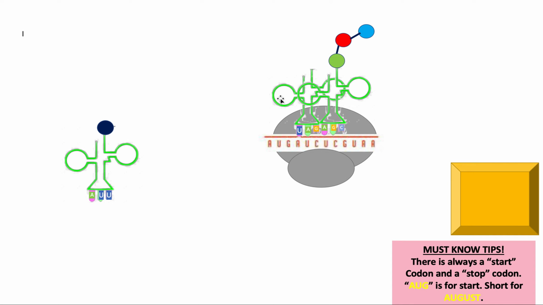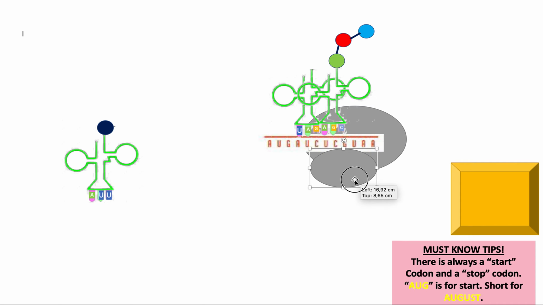And now again, the ribosome will shift a little bit to the right to be able to accommodate the last codon, the last tRNA that needs to bind. So shift a little. And now this one doesn't fit anymore, so it's going to fall off.